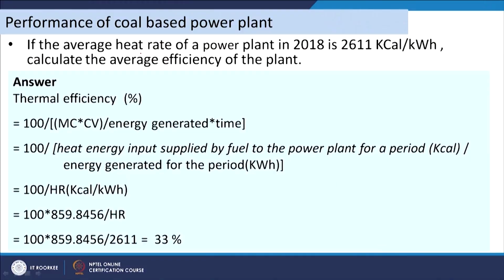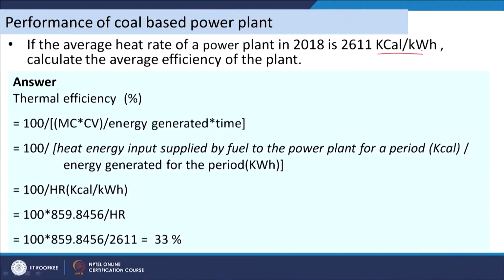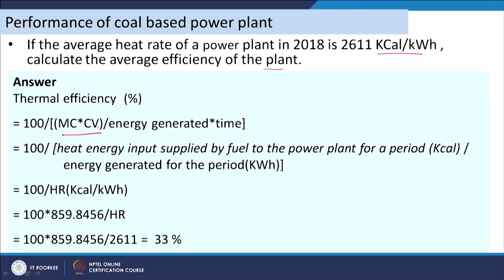So, I will show you an example. If the average heat rate of a power plant in 2018 is 2611 kilocalorie per kilowatt hour, then calculate the average efficiency of the plant. So, how we can do it? Thermal efficiency we know is 100 divided by MC into CV divided by energy generated into time.